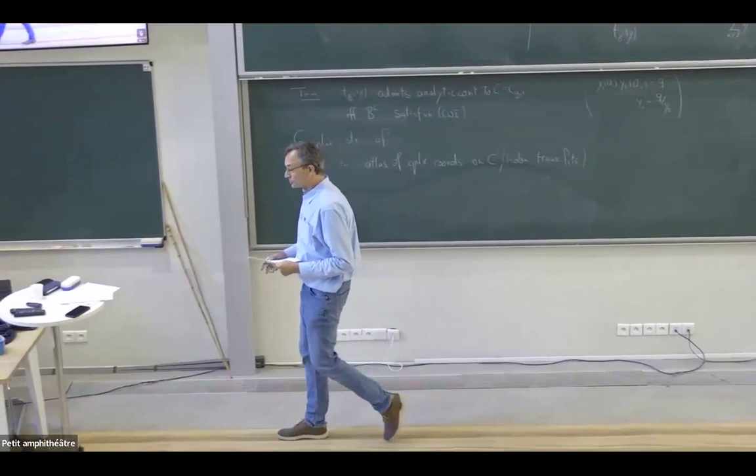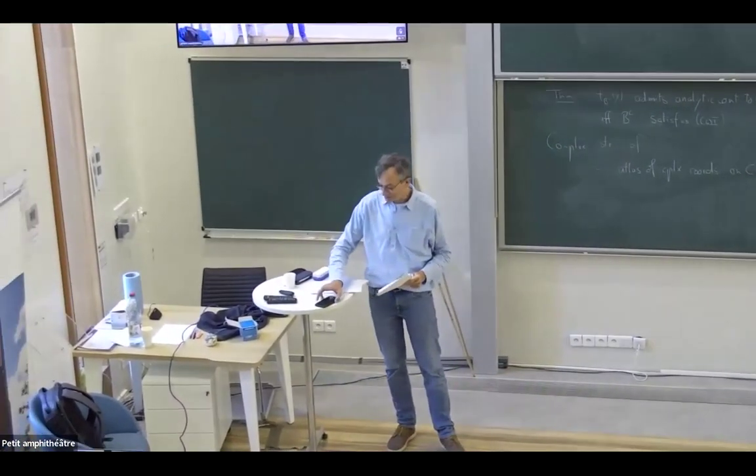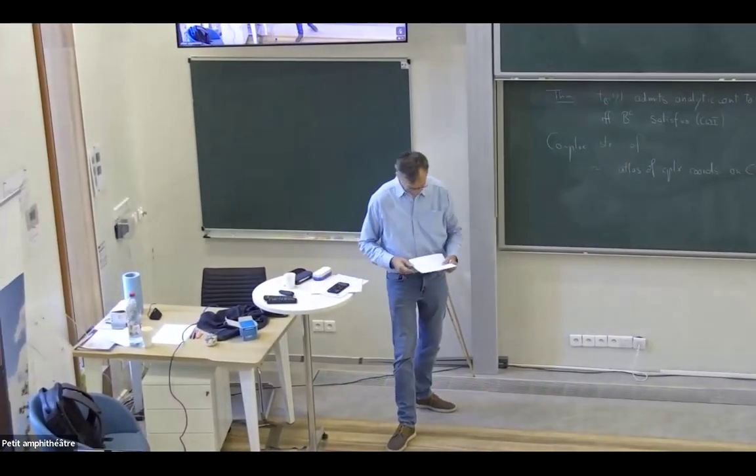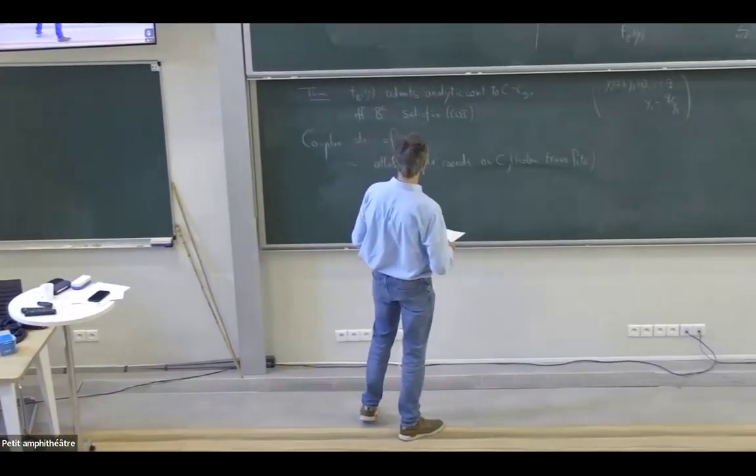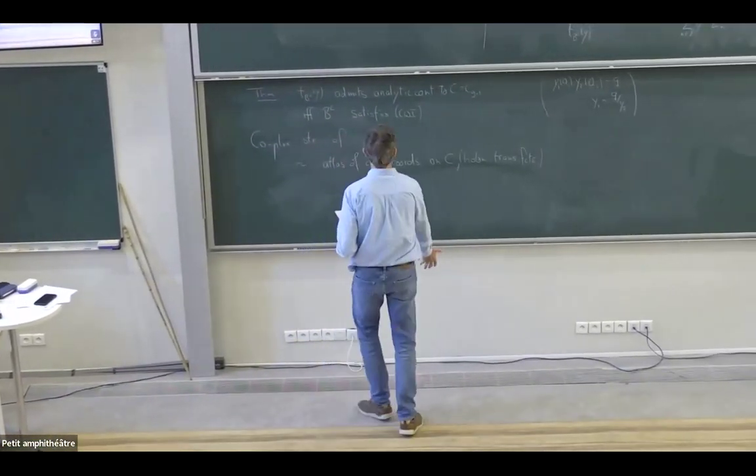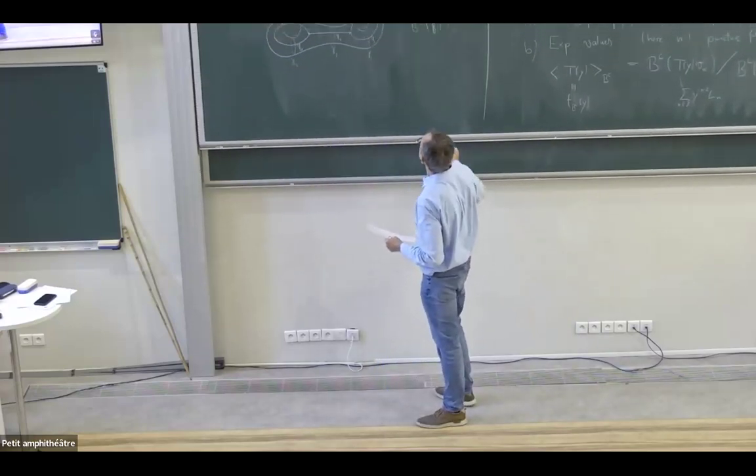All right, finally, I want to say something about variation of complex structure, as this was asked. I have 10 more minutes. Where do I want to do it? Oh, I take this space.